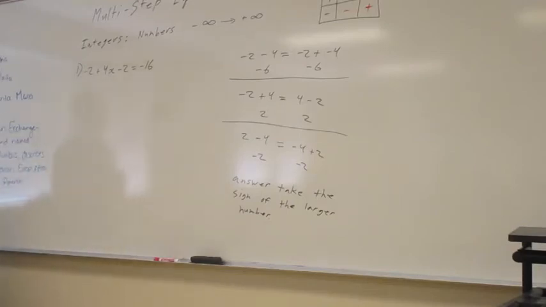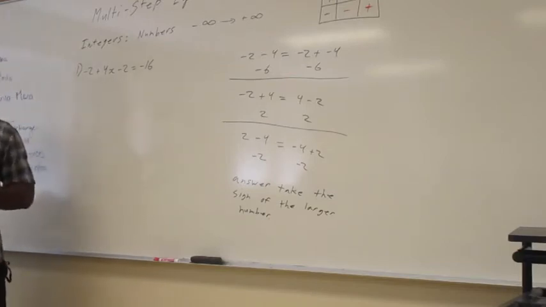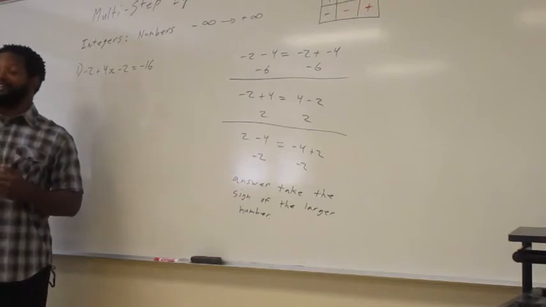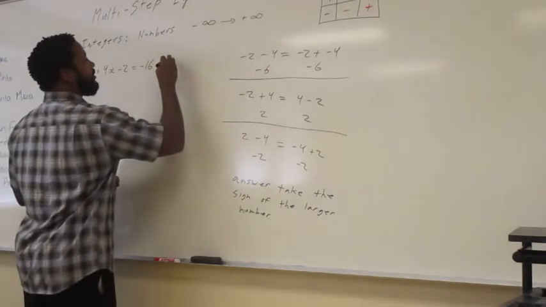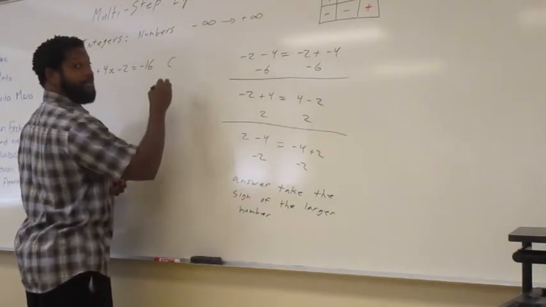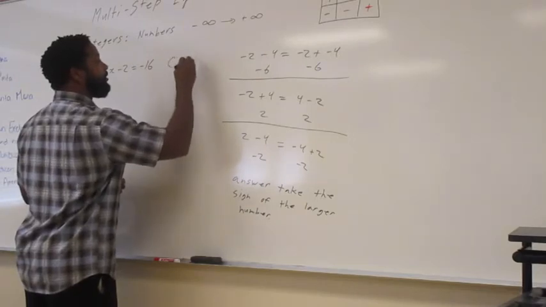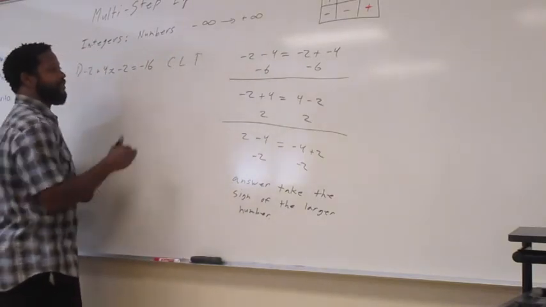Add the twos together. What is that called? Not segregating, but combining like terms. Close enough. CLT, combine like terms.